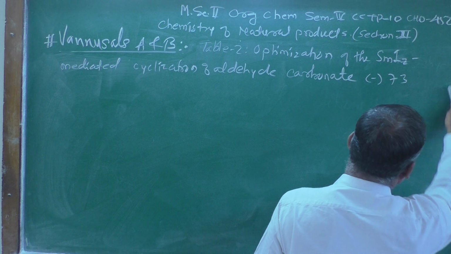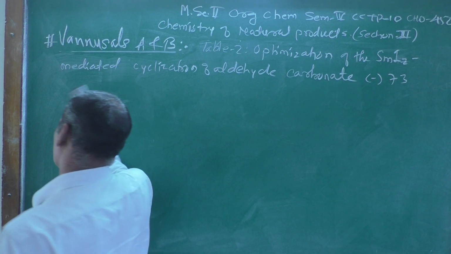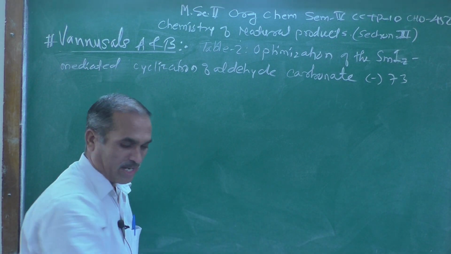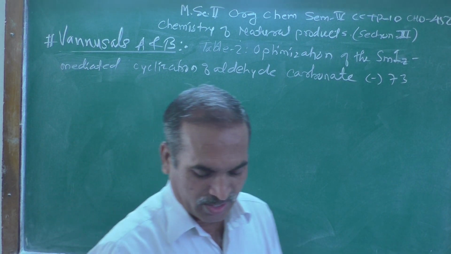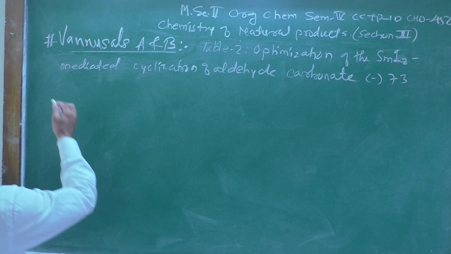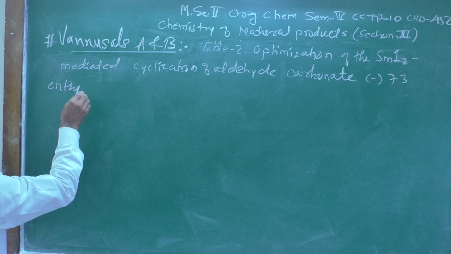The molecule whose synthesis is being planned is called the target molecule, and that we are going to achieve by this method. Now let us look at the table. We are studying table number 2.